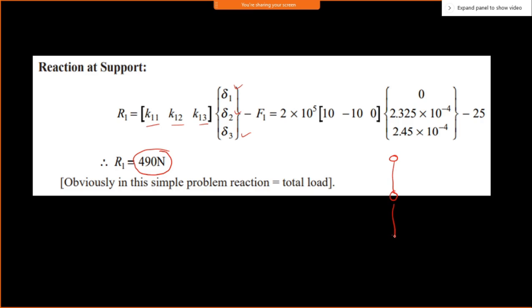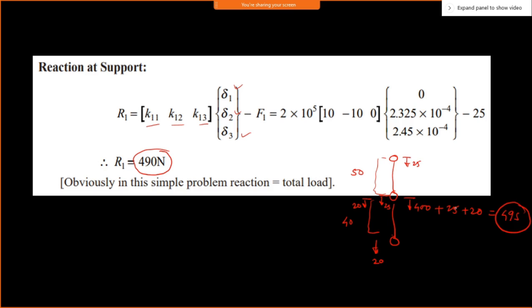Node number 1, here we have applied 400. Okay. Here the total weight up to this is 50 kg, and 25 is applied onto this and 25 is applied. For this part, the weight is 40 kg, 20 is applied onto this and 20 is applied. So it becomes 400 plus 25 plus 20, which is around 445.